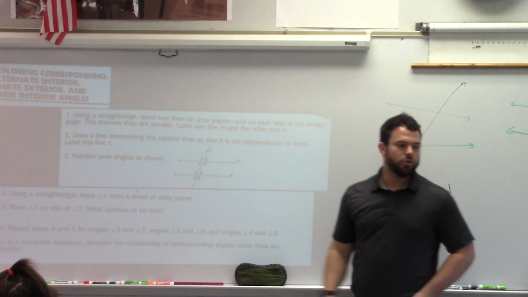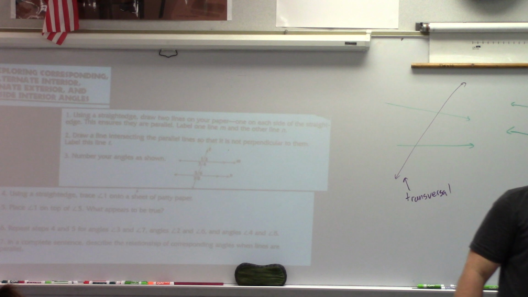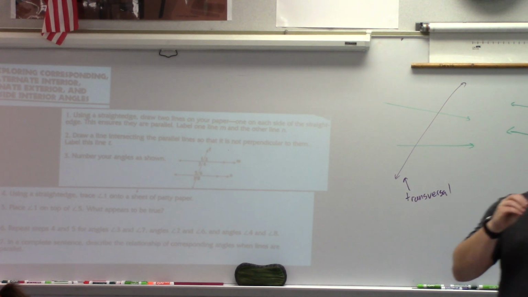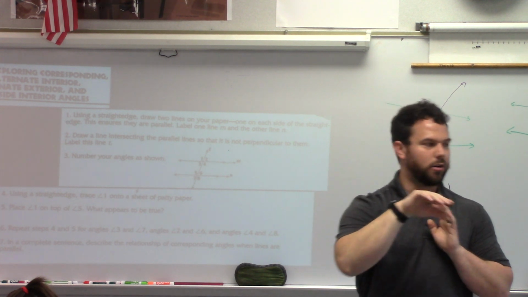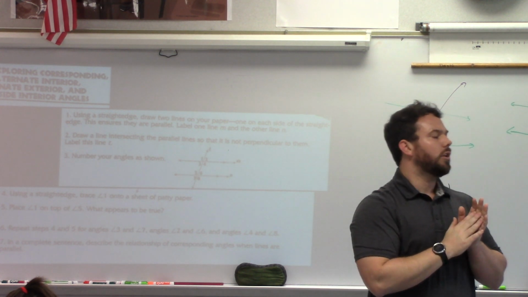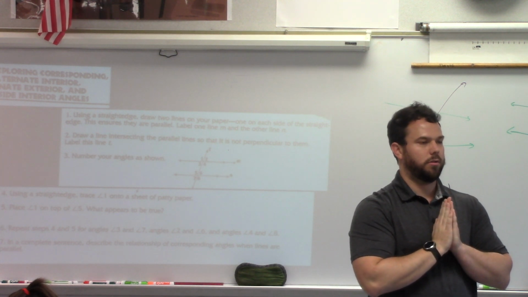Just angle 1. Pick up your ruler and put your ruler on the 2 rays, because they are rays that are creating that angle, and draw angle 1 on your patty paper.